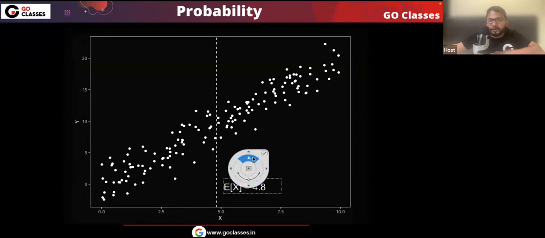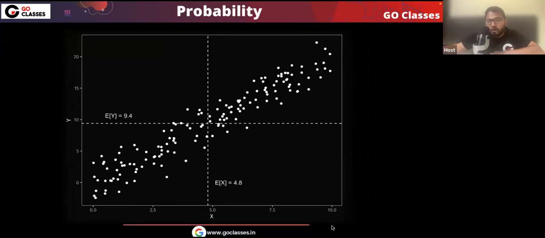I hope that's visible. Now let's suppose you do Ey, the average of all the y values. Suppose you're getting 9.4. This is the first step.